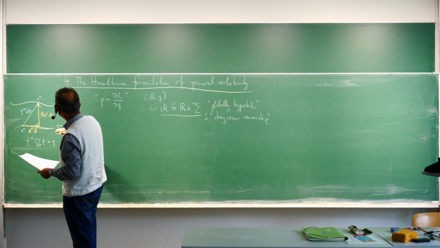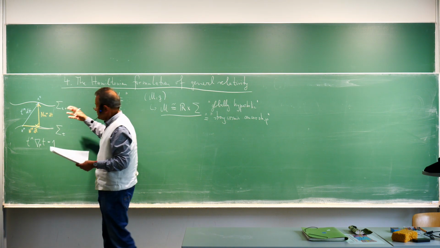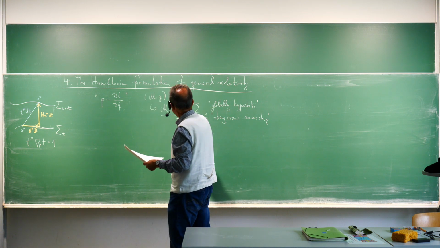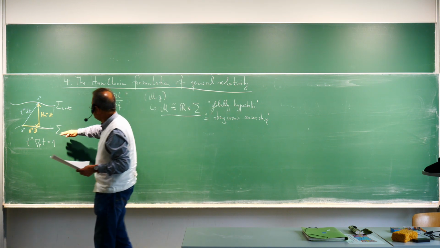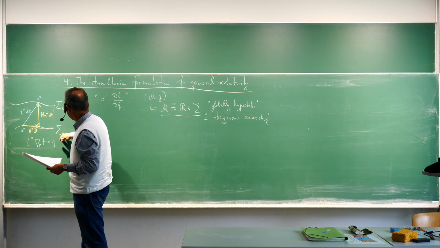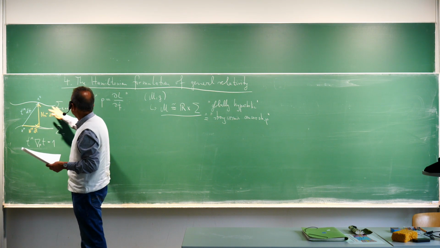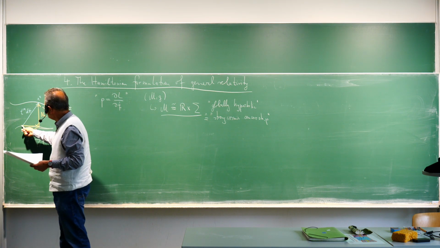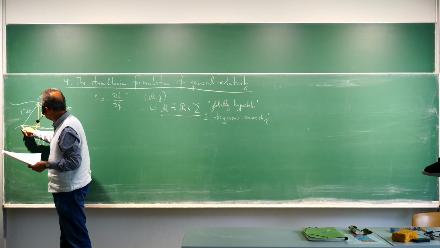I split up space-time into what is also called the 3+1 formulation, because this is three-dimensional and this is one-dimensional. Here is one space-like hypersurface at a coordinate time t, and another one at a coordinate time t plus dt. Then I can choose spatial coordinates freely.